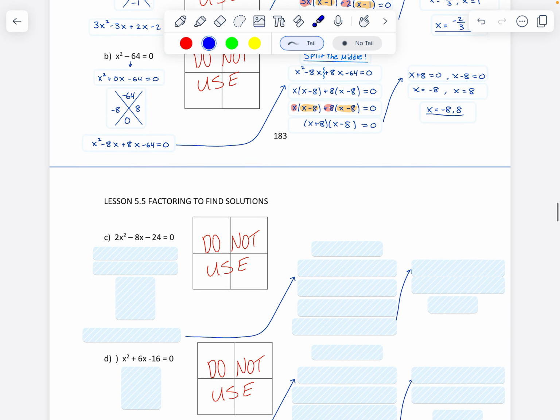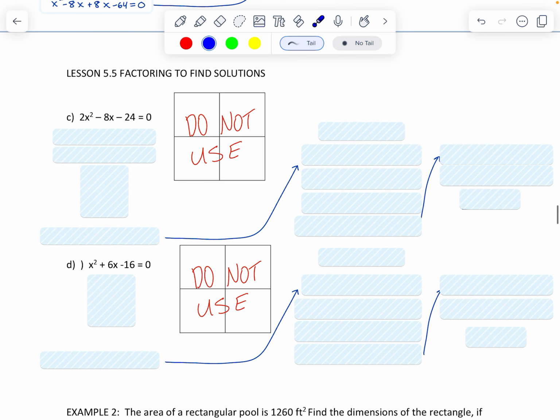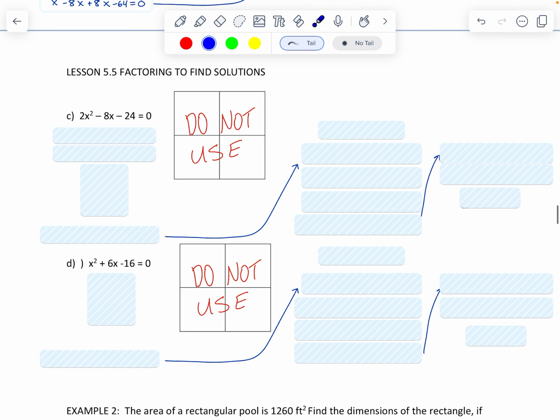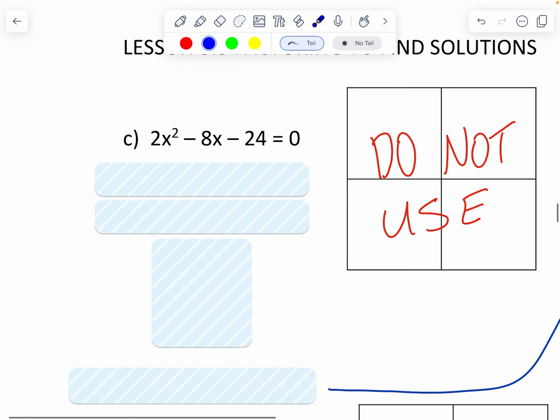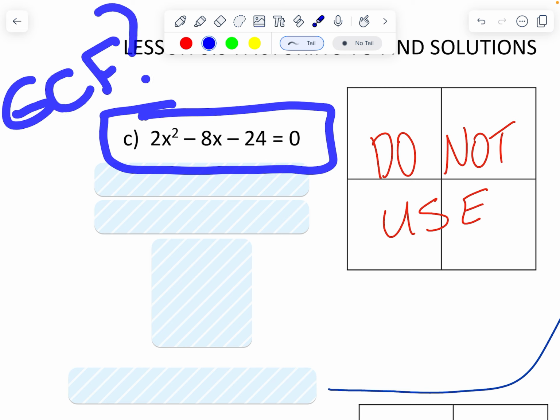Okay. Looking at 3 or looking at C just a little bit, and I want you to try both of these yourself. However, with this first one right here, think about what we can do right away that might change our quadratic. Hopefully in your head you're saying GCF. Absolutely.